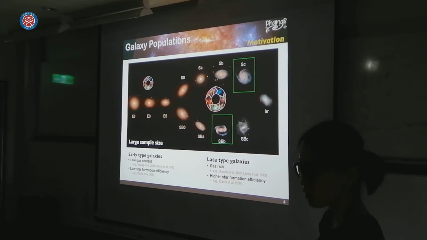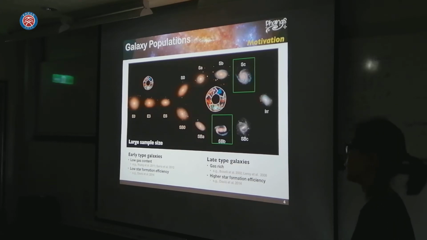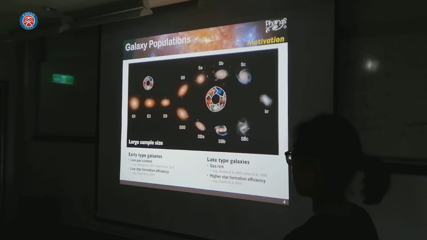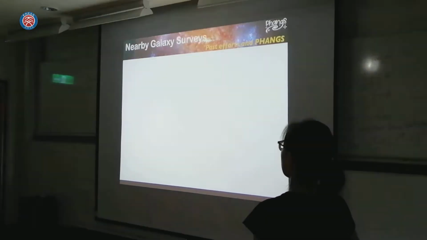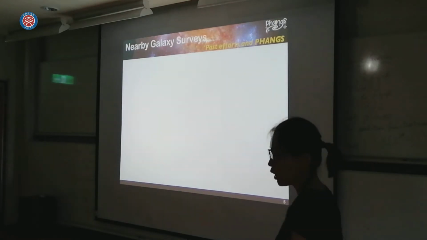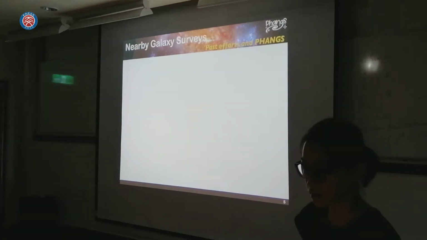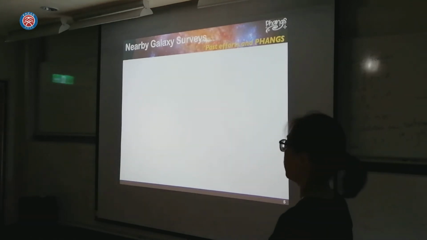So to understand how star formation proceeds in galaxies, we need not only high resolution but also a large sample size to include different types of galaxies. Here I'm going to show you some past efforts or surveys which tried to understand star formation and gas properties in nearby galaxies.